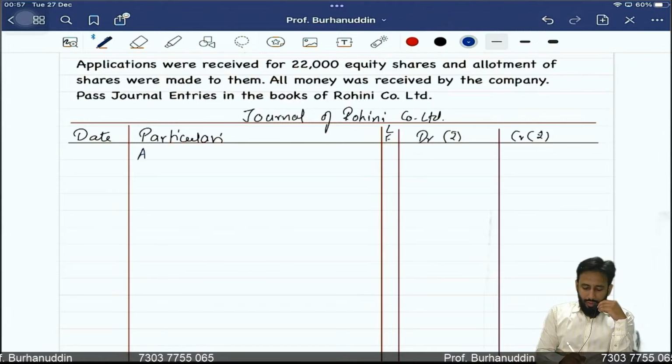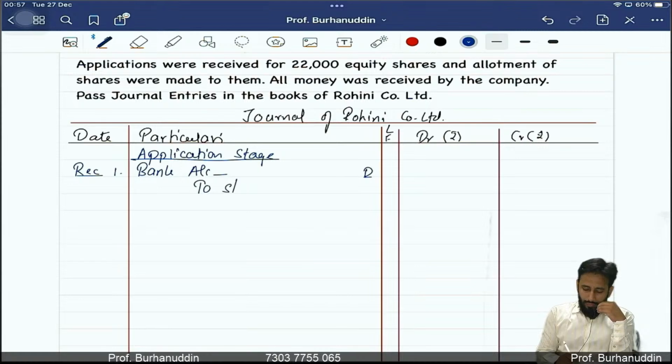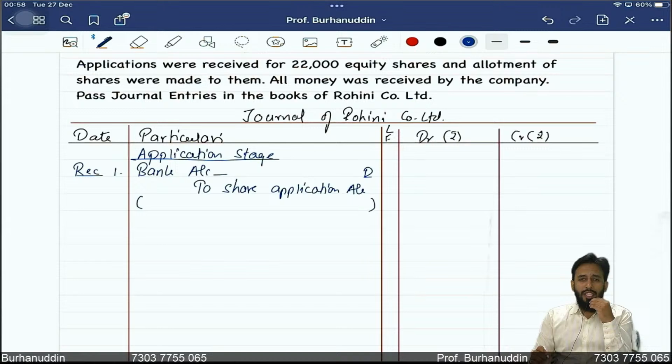The very first stage is your application stage. The very first entry is your receipt entry, because you do not know how many applications you are going to receive. So the entry is bank account debit to share application account, narration being application money received.